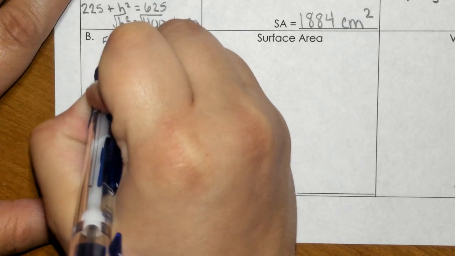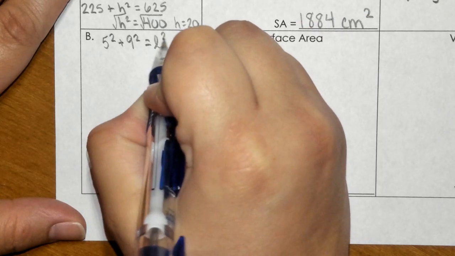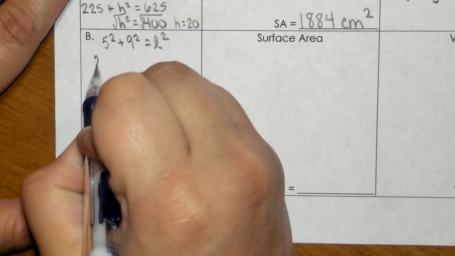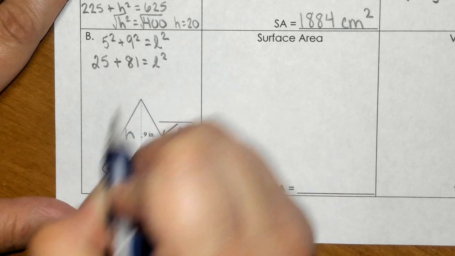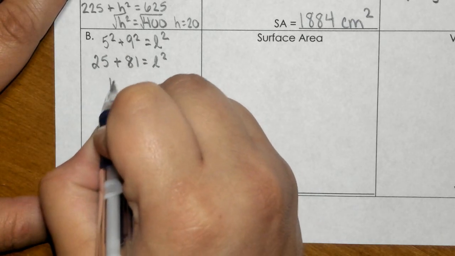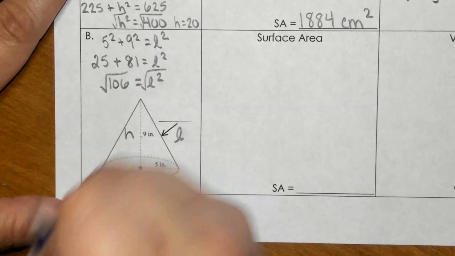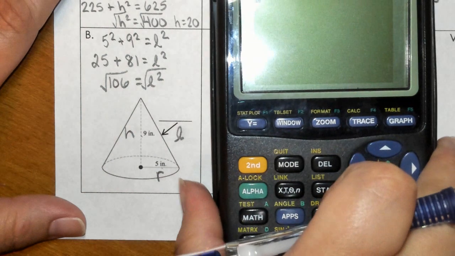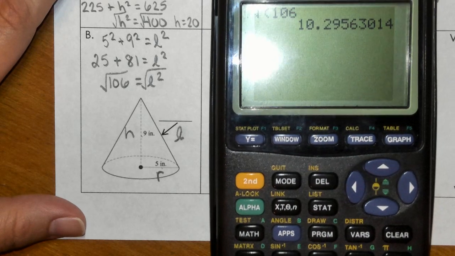So over here, I'm just going to do the 5 squared plus 9 squared equals L squared. And 25 plus 81 gives me 106. And then I square root that, and the square root of 106 is 10.29.